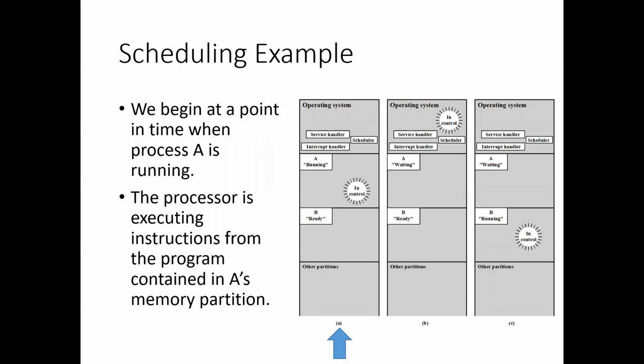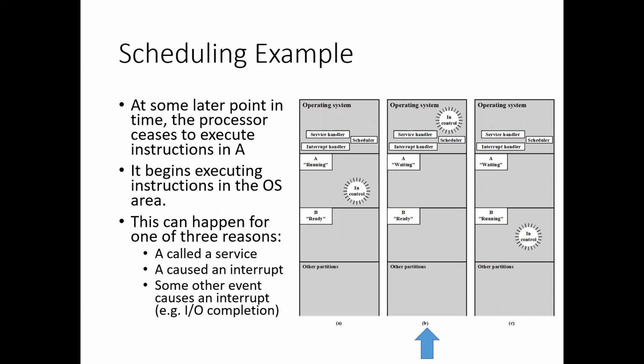The processor is executing instructions from the program contained in A's memory partition, and at some point we cease to execute those instructions. It may be an interrupt or something that makes A go into a waiting state. In that case, we transfer control to the operating system.